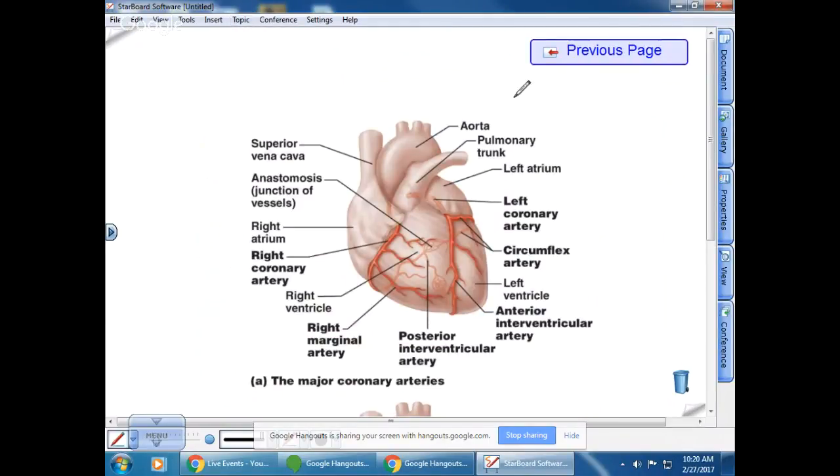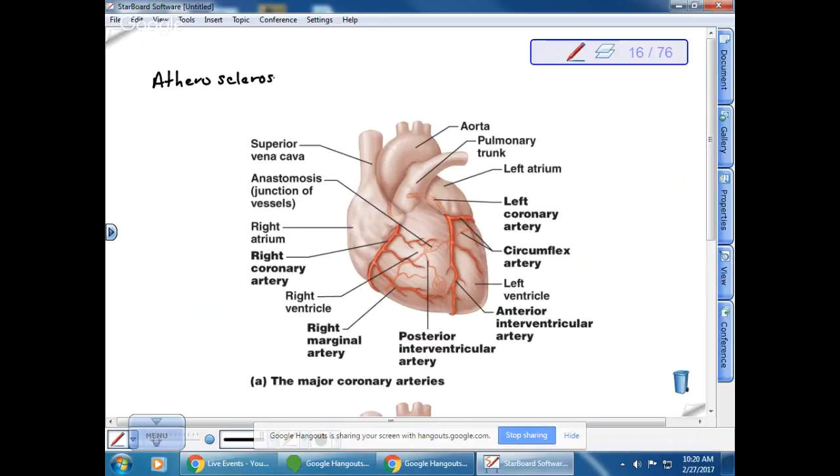Okay, so we were talking about the coronary circulation, and these, remember, are the coronary arteries. A blockage can be due to plaque buildup in these, and this has a name: atherosclerosis.